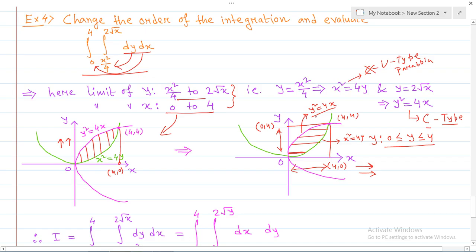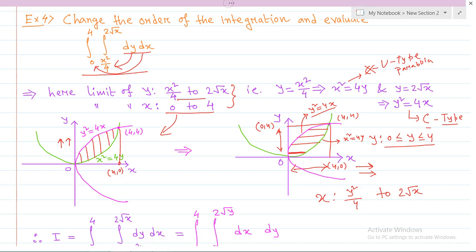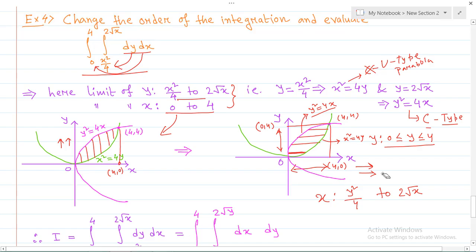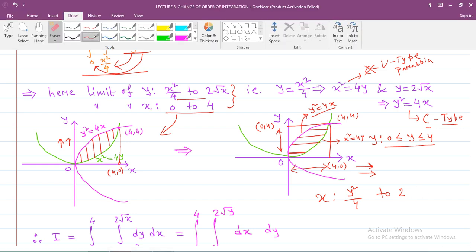It is going to be y square divided by 4. And on this green color U-type parabola, what is the value of x? It is going to be 2 root y. So what will be the limit of x? So x will vary from y square divided by 4 to 2 root over of y.